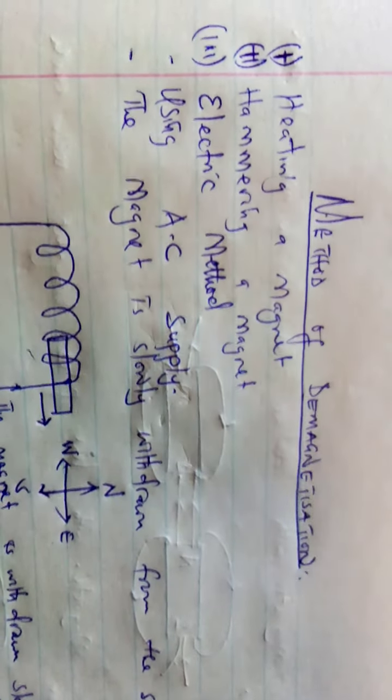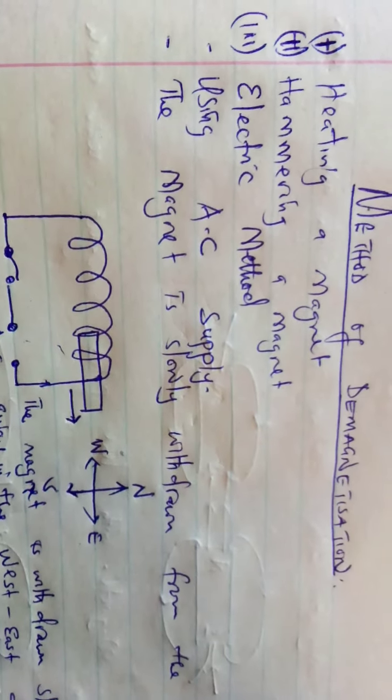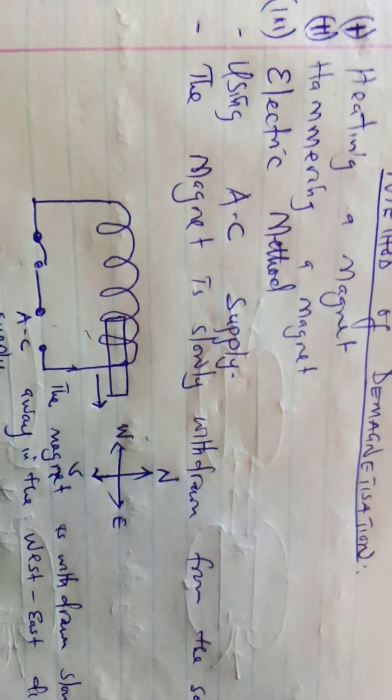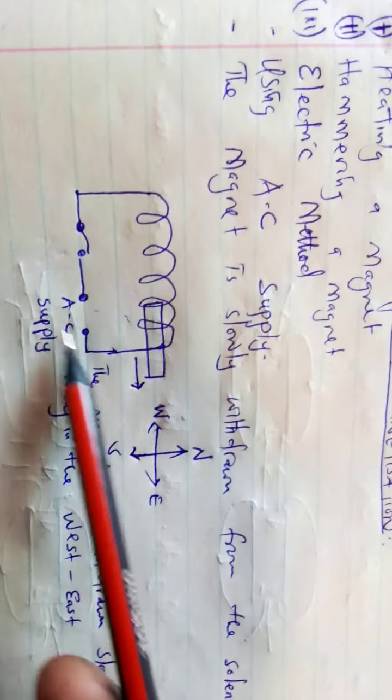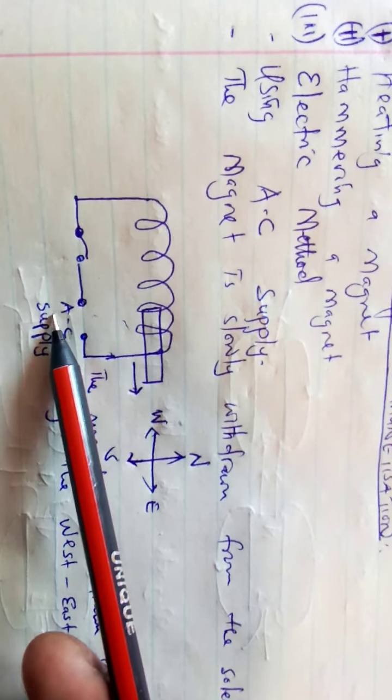Ways of demagnetizing. First, heating a magnet: just using heat can demagnetize it. Hammering a magnet can demagnetize it. The electric method also can demagnetize, but when we're using the electric method, we use an AC supply. So the supply that we have here is AC.